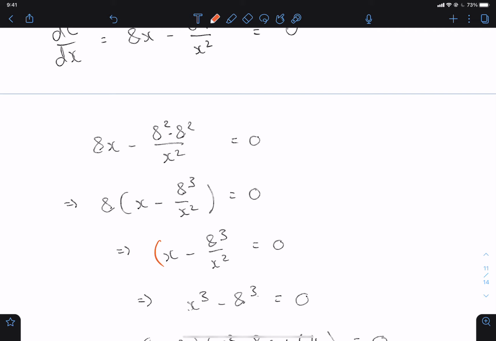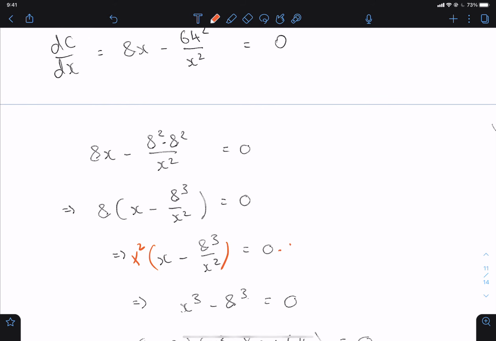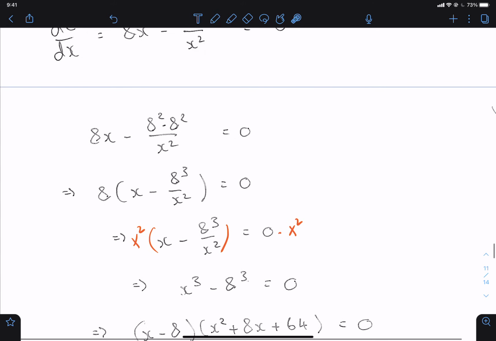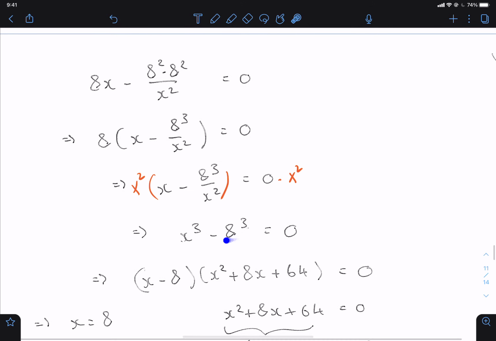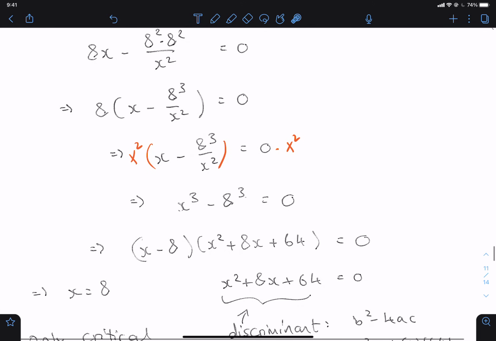And we're going to multiply both sides by x squared. So you have x cubed minus 8 cubed, because this x squared cancels with this x squared. And that is very simple to figure out, right?